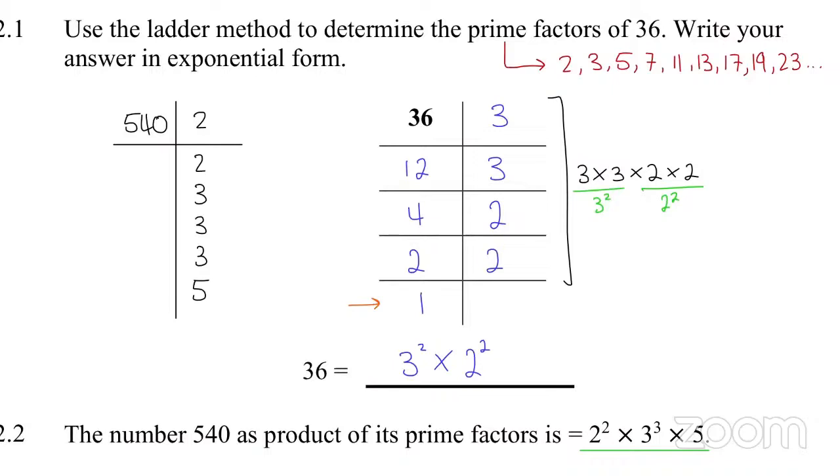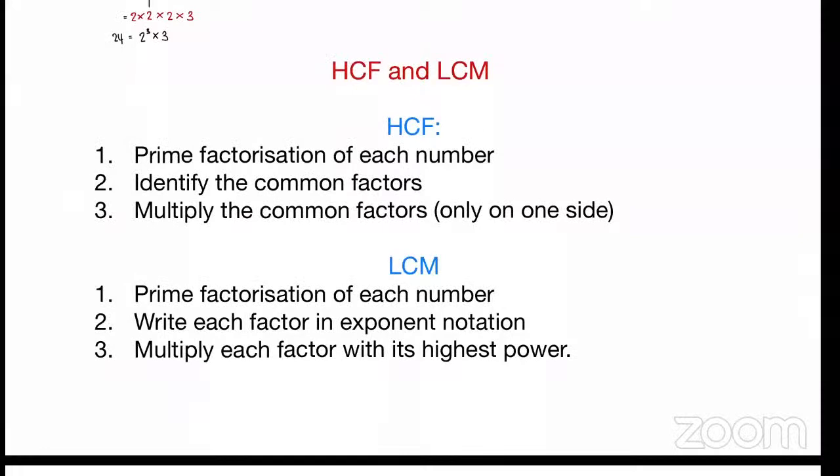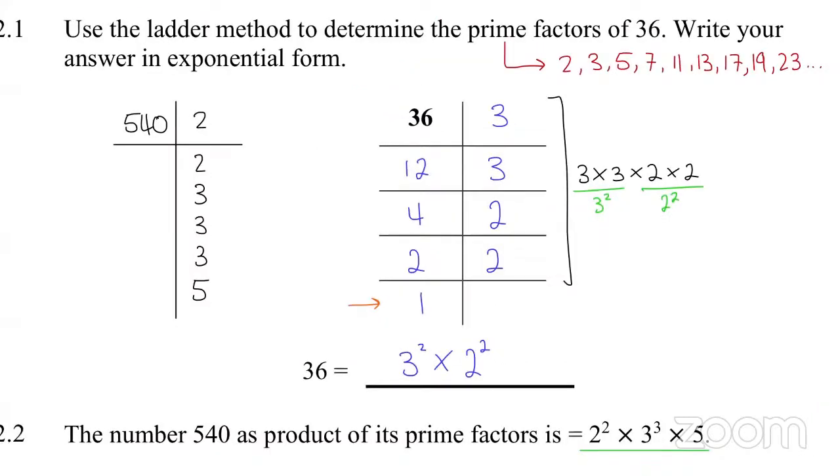The step said that we should identify the common factors and then multiply the common factors only on one side. So if we recall, how do we do that?